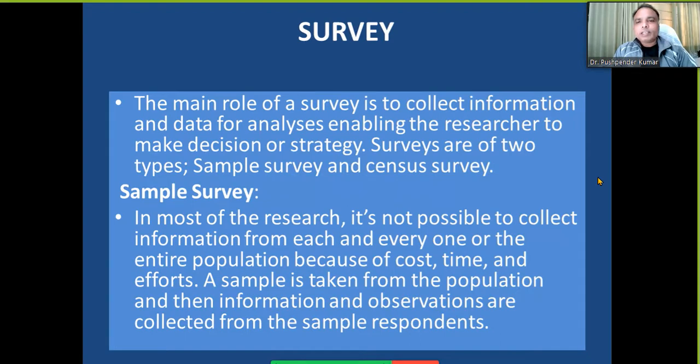So generally, when we talk about researchers, they are collecting data, so that is basically a sample survey. In most of the research, whether it's an MPhil, PhD, or other project, or some project related to different industry, it's not possible to collect information from each and every one or the entire population.